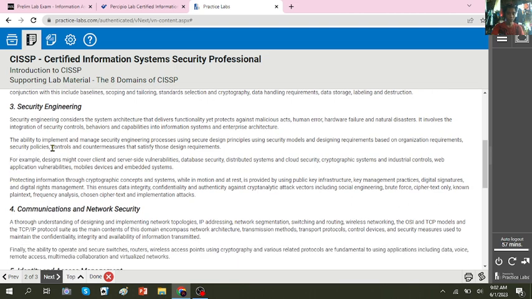The ability to implement and manage security engineering processes using secure design principles, using security models, and designing requirements based on organizational requirements.